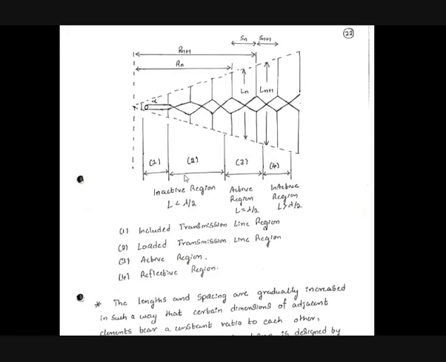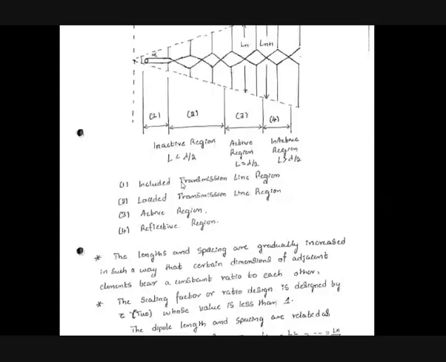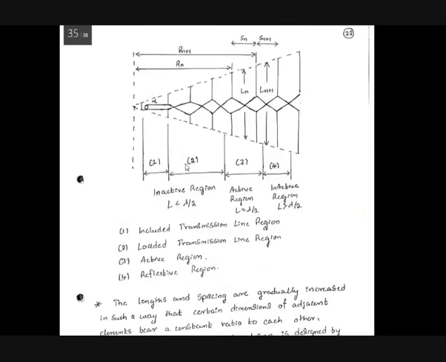There are four sections or parts we can consider: the first is the transmission line, the second is the loaded transmission line, the third is the active region, and the fourth is the reflective region. Remember, here we have seven dipole wires which increase in successive lengths.